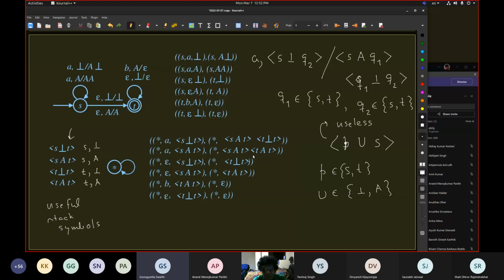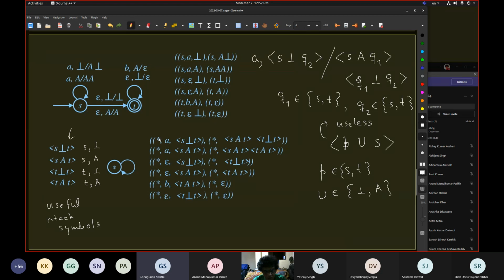Yes, sir. So that's basically this construction. Anyway, it sounds a little bit complicated, but this is a way of doing it. And that actually establishes that given any PDA, I can convert it to a PDA of this form, and then I can reverse the construction to generate a grammar out of this.